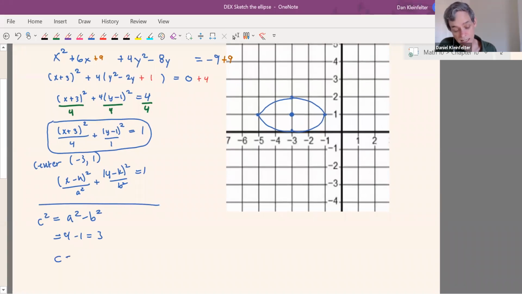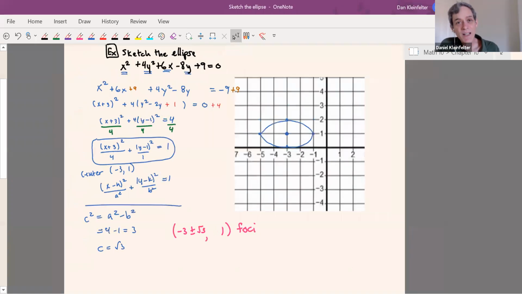So that means their y coordinate will be 1, and their x coordinate will be -3, that's the center, plus or minus √3. -3 plus or minus √3. Okay, that's the location of the foci.